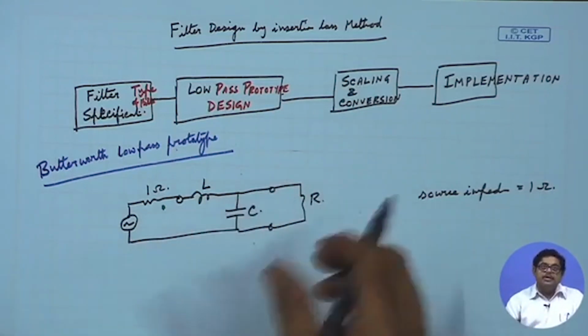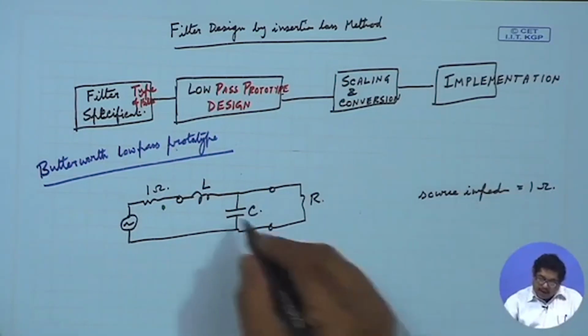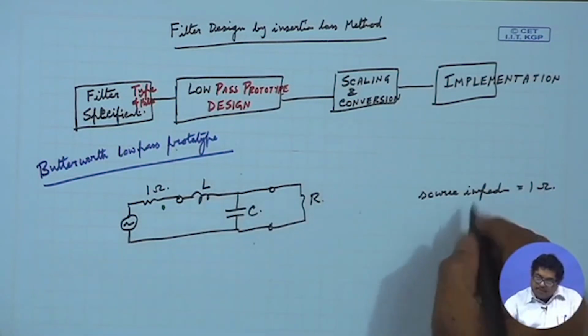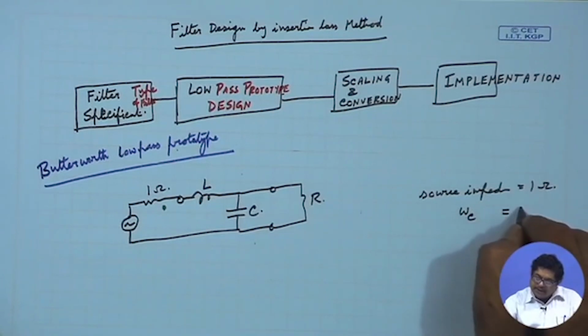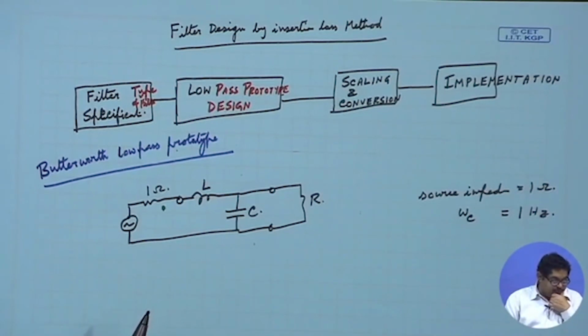If required, you can have multiple sections. Also, in prototype design the cutoff frequency of the low pass is taken as 1, so omega c is 1.